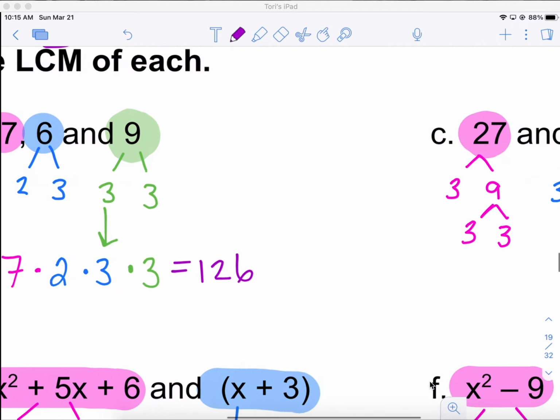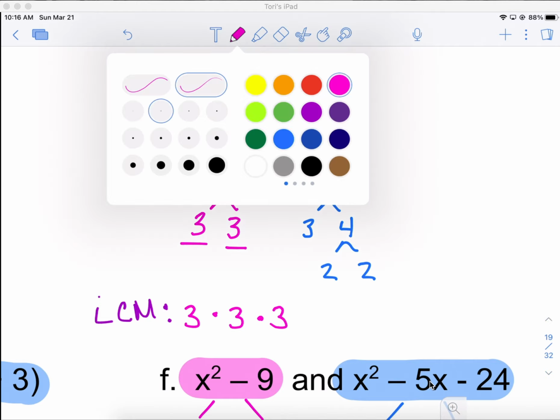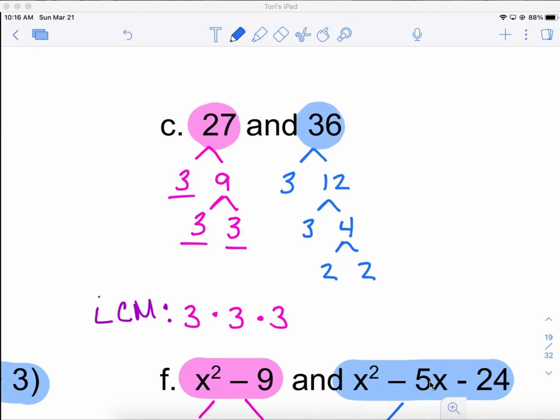Let's do one more like that with just numbers. For C, the numbers are a little bit bigger, so I wrote it out so you can see where I'm getting that from. Least common multiple, least common denominator. When you write out all the different factors needed to make a 27, I am going all the way down to the basics. So I need 3 3's to make a 27. If you wrote that as 9 times 3, or 3 times 9, that's fine. You just have to remember you need any additional things to make the blue.